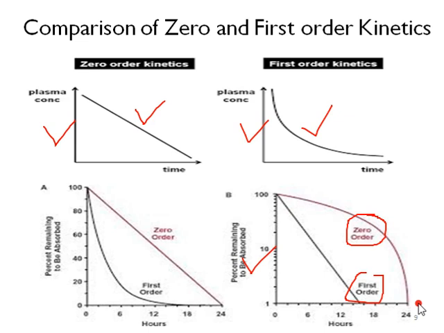So based on the graphical representation, you can determine whether any unknown reaction is following zero order kinetics or it is following first order kinetics.